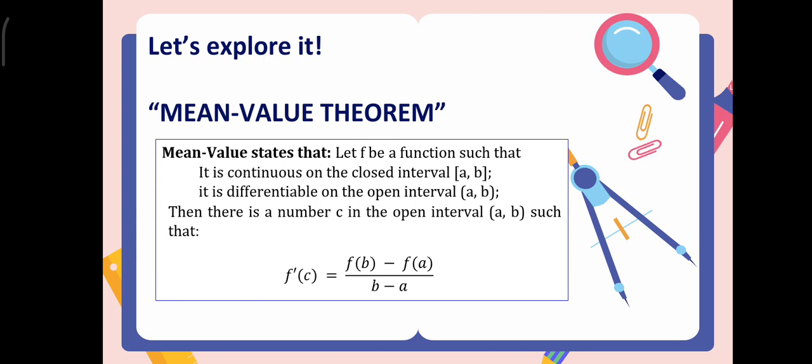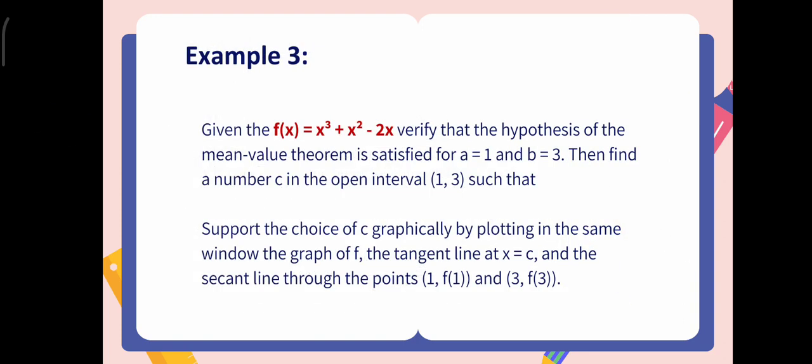So let us have an example to further understand the mean value theorem. Let us remember that the mean value theorem states that there is at least one point where the tangent line is parallel to the secant line of the function. Given that f of x is equal to x cubed plus x squared minus 2x, let us verify the hypotheses. How many hypotheses do we have in the mean value theorem? We have 2.